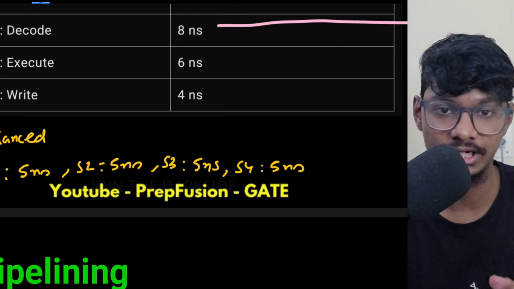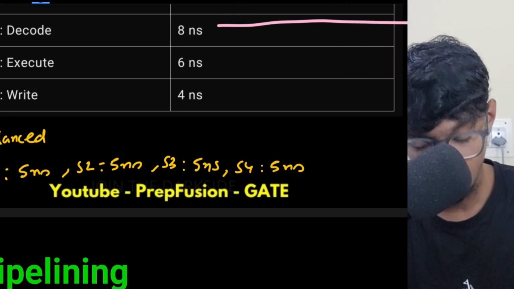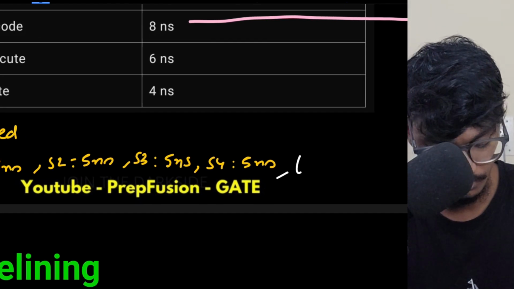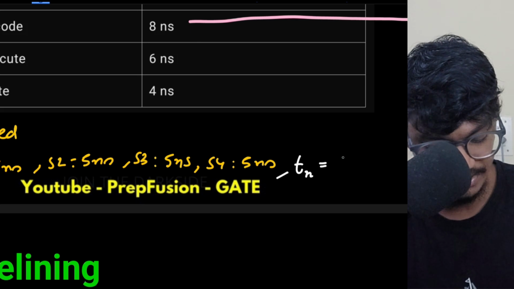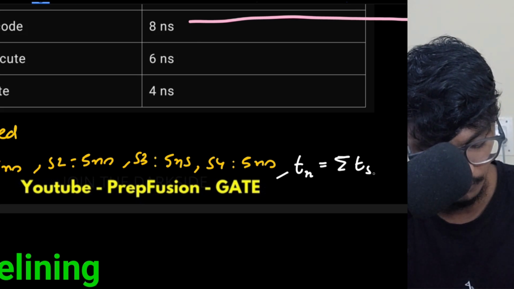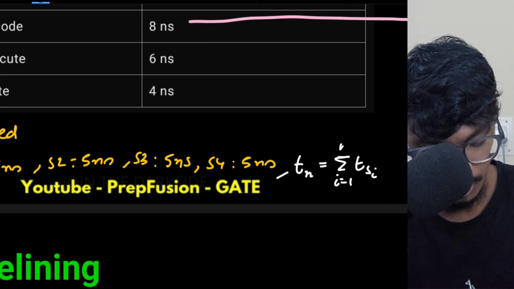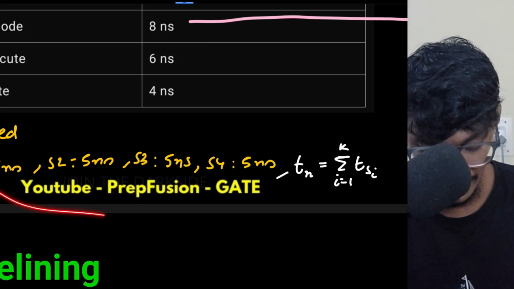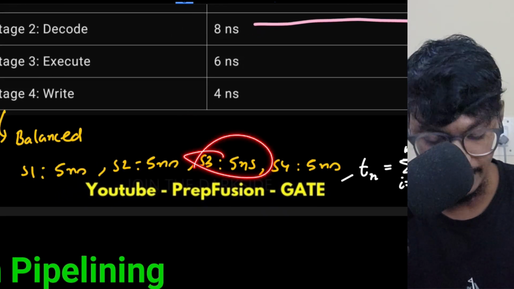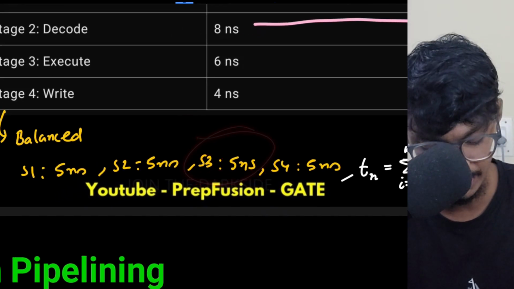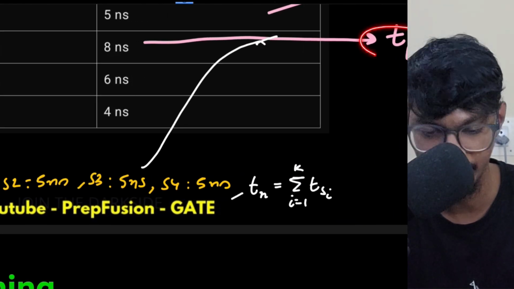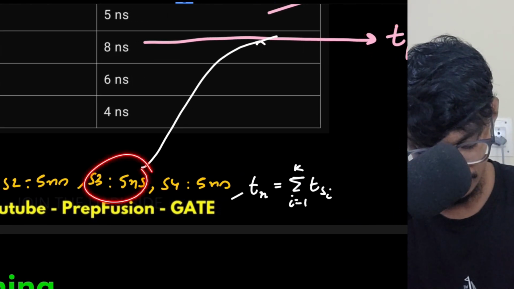Now, if all the stages are 5 nanoseconds only, what will be my Tn? Tn is basically the sum of the time of all the stages, from i equals 1 to i equals k. If it is balanced, then each stage time period is also known as Tp. As it is balanced, it will also be called Tp. Everything is the same, so I will choose Tp to be this 5 nanoseconds.